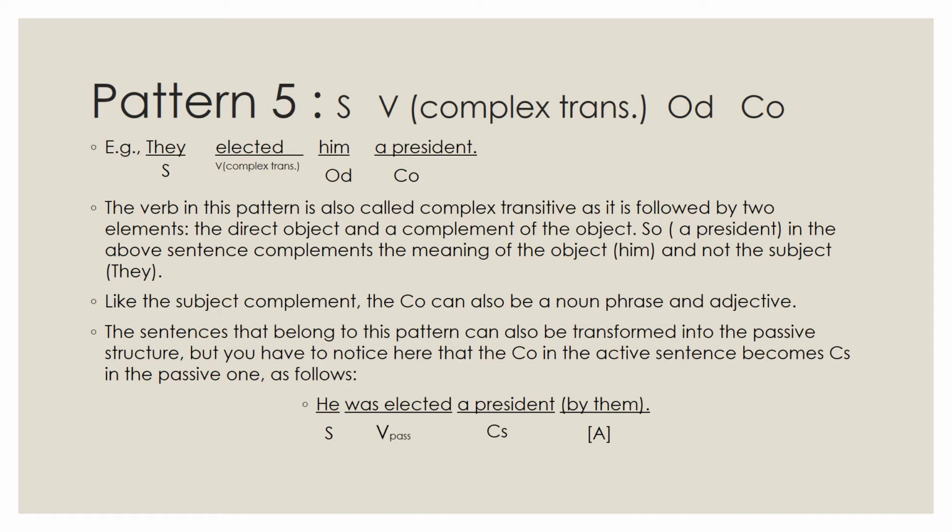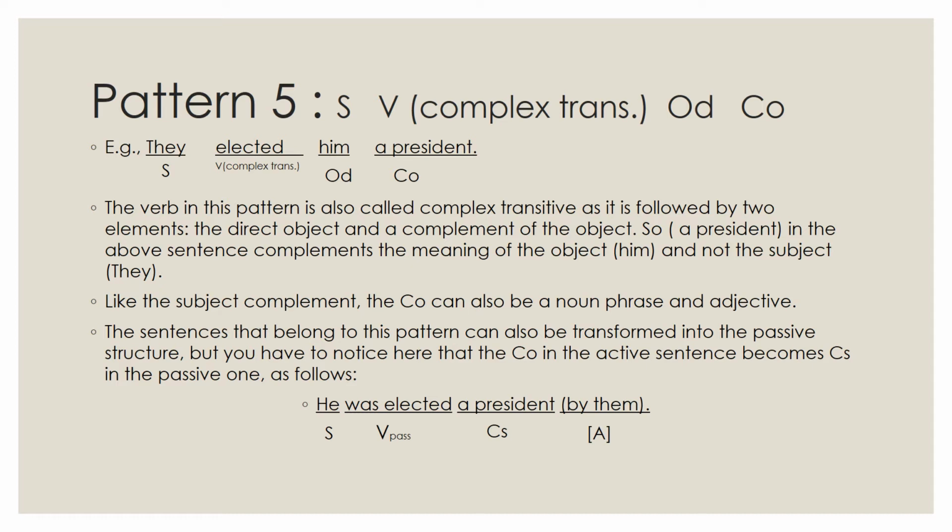The first step we have to do in order to change this sentence from active into passive is what? To delete the subject and use the object instead of it. So the passive sentence will start with "he" as the subject. "Elected" is going to be in the passive, "was elected." Now, "a president" is going to be used after the verb. So the sentence in the passive: "He was elected a president by them."